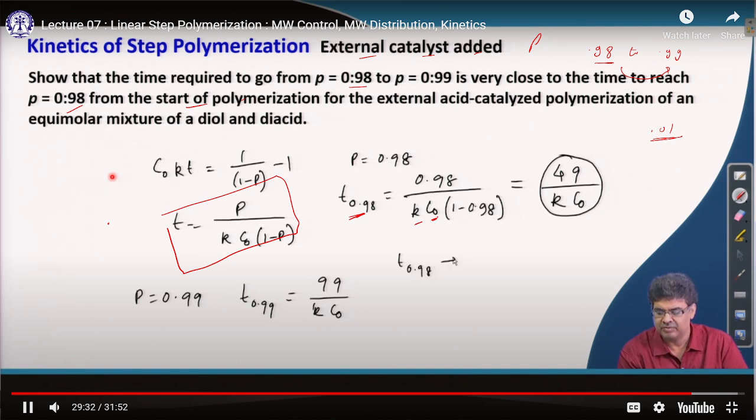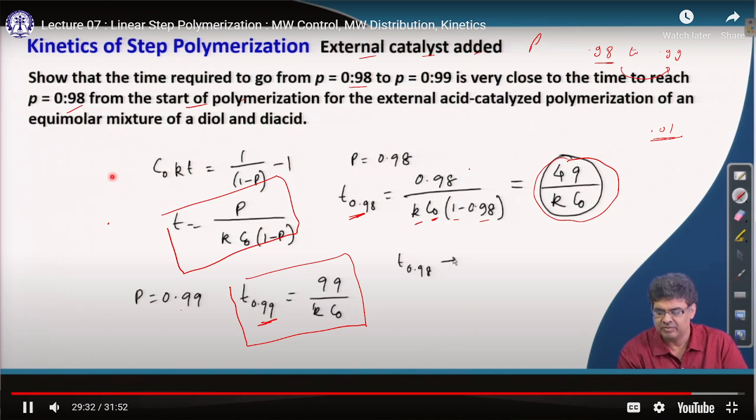K is constant and C0 we are assuming constant, because initial concentration is in our hand. Then it is 1 minus 0.98, and whatever you solve, you will get 49 over kC0. Then if you find the time required for 0.99, you will get 99 divided by kC0.